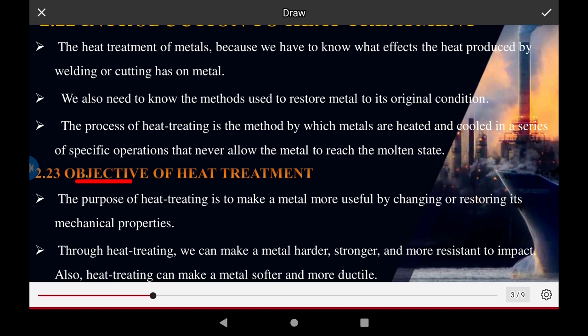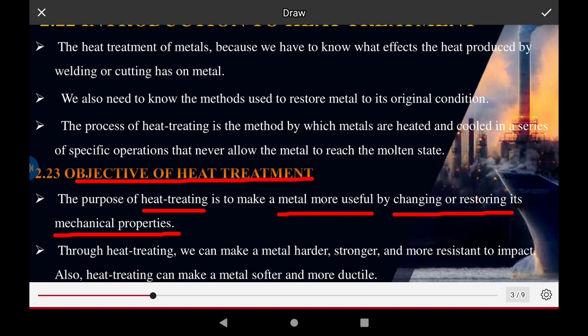Objective of heat treatment. The purpose of heat treating is to make the metal more useful by changing or restoring its mechanical properties with the help of heat treatment.